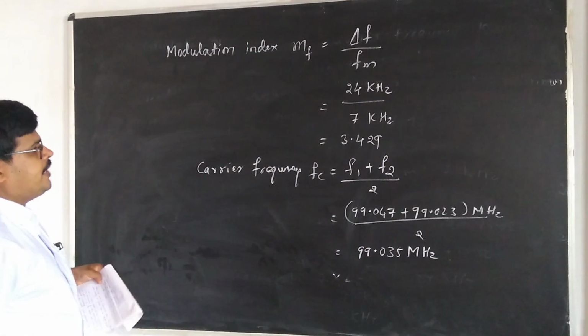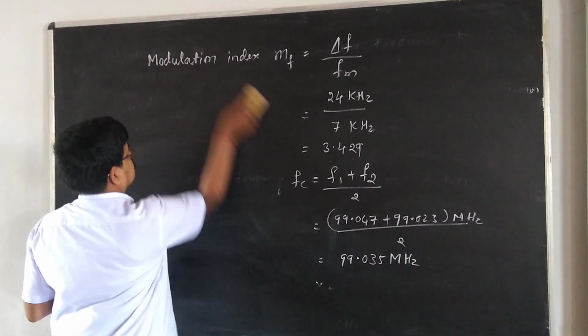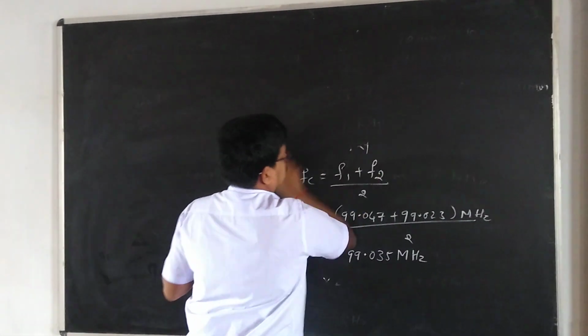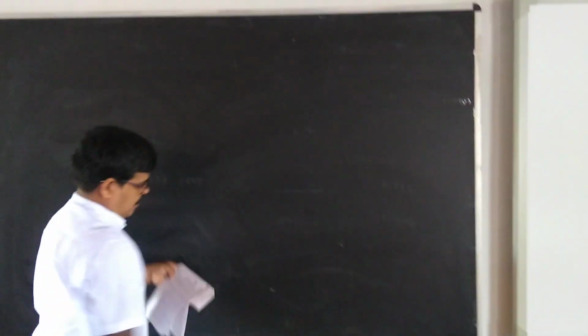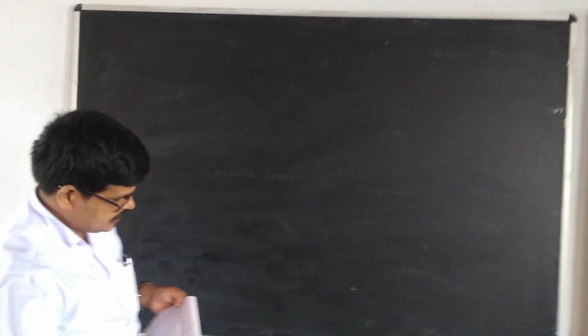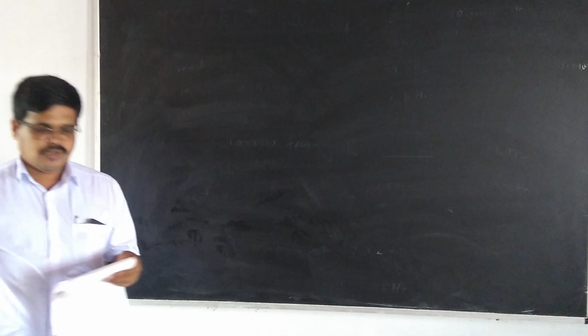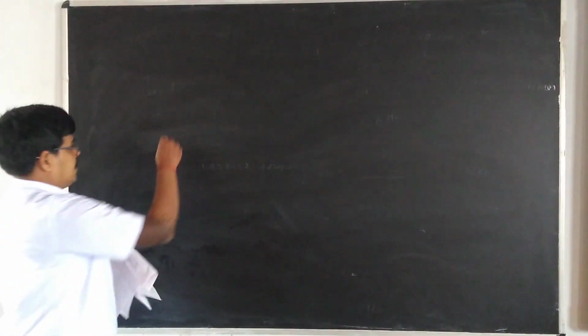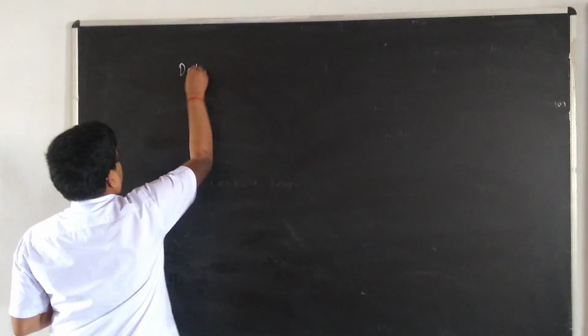Then go to the 10-mark questions. In the case of the 10-mark questions, the first question itself is: state and prove De Morgan's first and second theorem with their truth table.